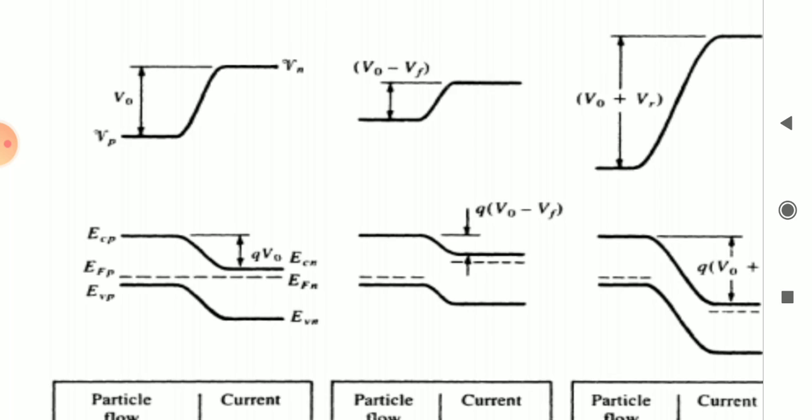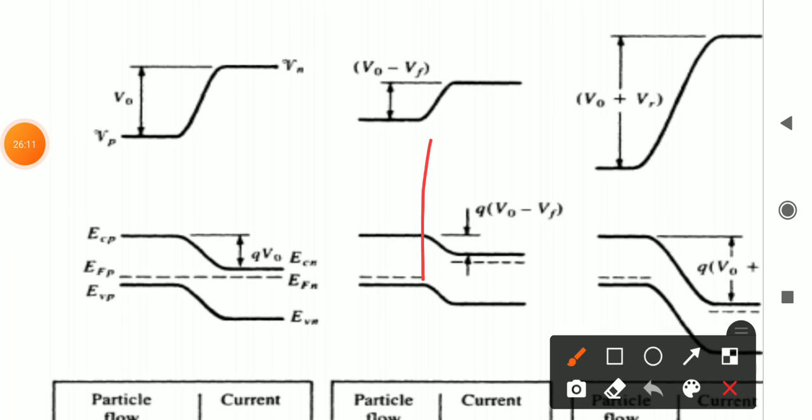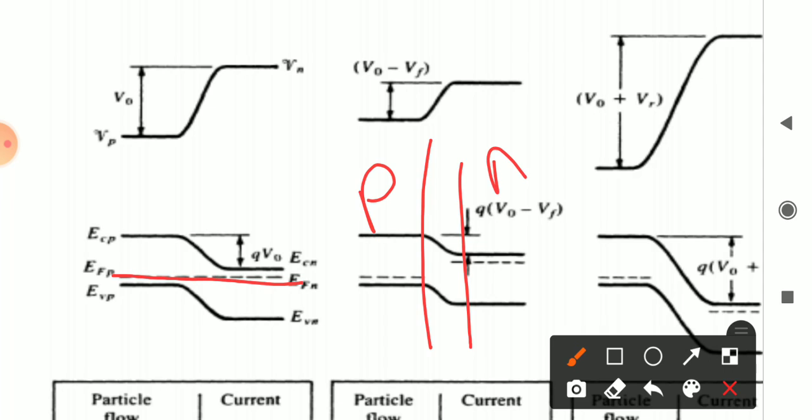Now, if you refer to the energy band diagram, the Fermi level for the N region is not the same as the Fermi level for the P region. This is the P region and this is the N region. So here the Fermi level is the same line, but here it is not the same line. So the N region will shift upwards.